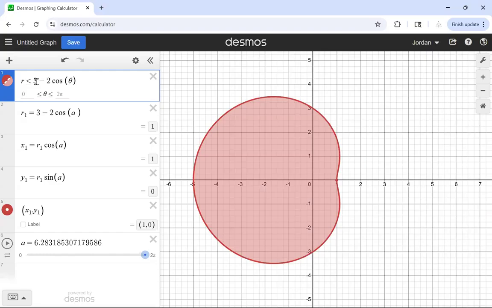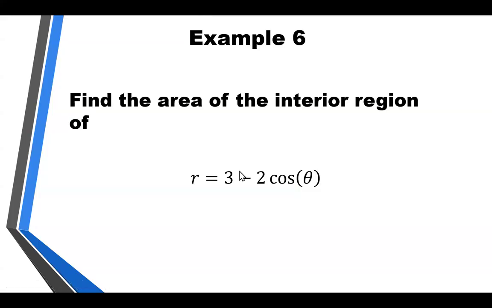So that area there, shaded, is the integer 11 times pi. But that's it. That's the area of the interior region of that limacon. It got a really nice value.